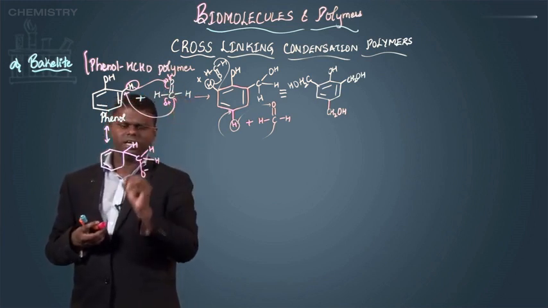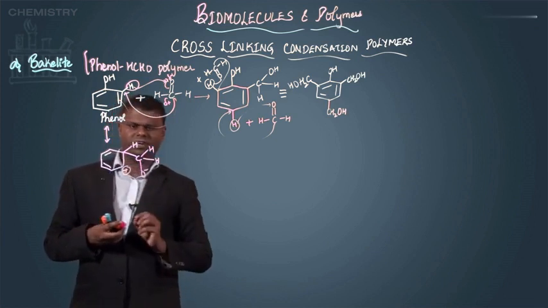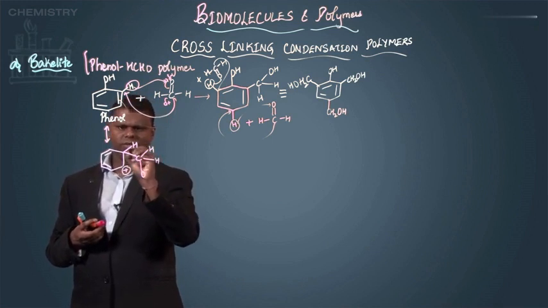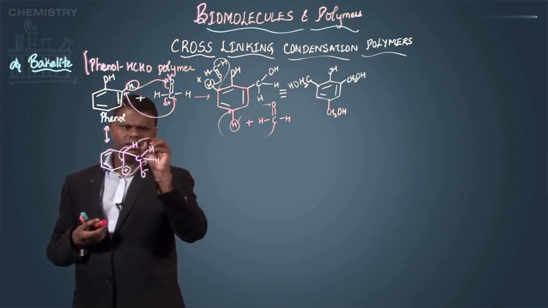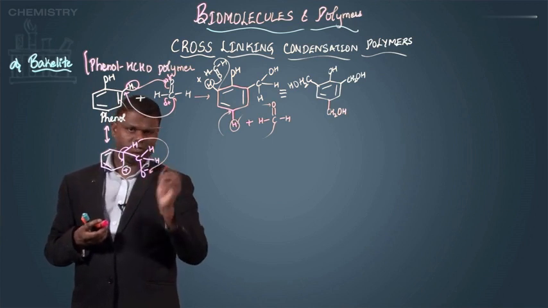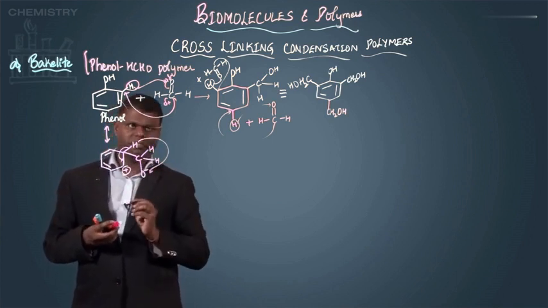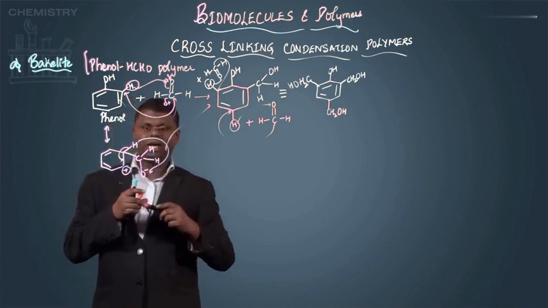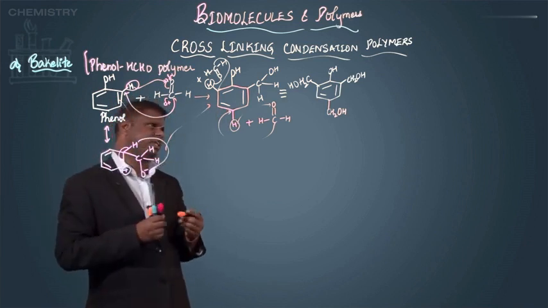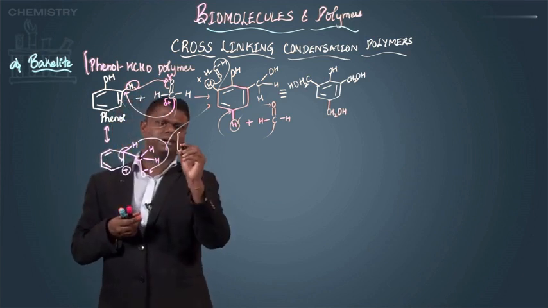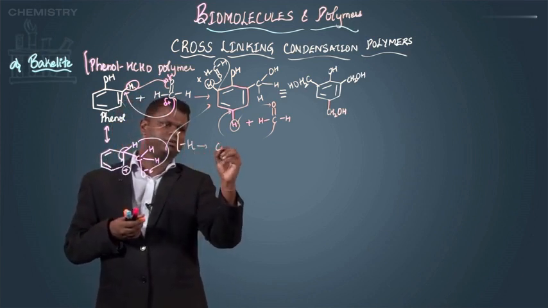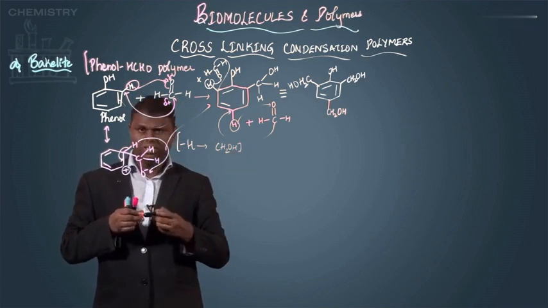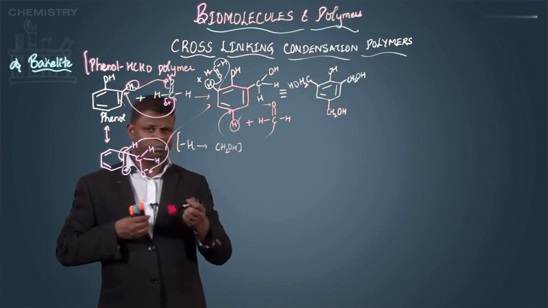So it is O minus, and then you have a positive charge getting generated over here. Now this hydrogen gives its electron, and then it gets linked with this O minus, as a result of which we get this particular molecule, right? So this is the mechanism, very easy to understand. What has happened is this H has been converted into CH2OH. This is the best possible explanation, something which you could easily remember.